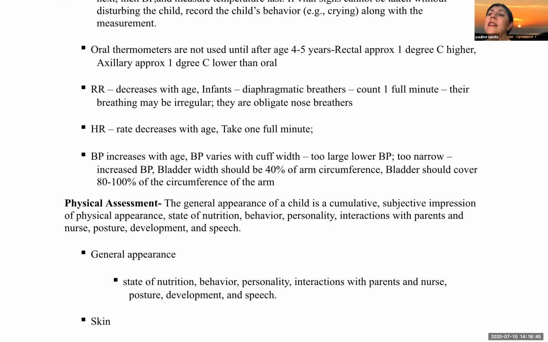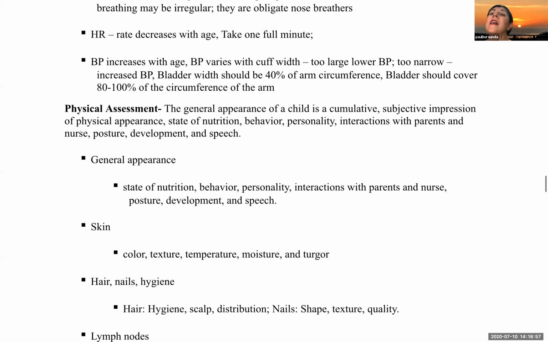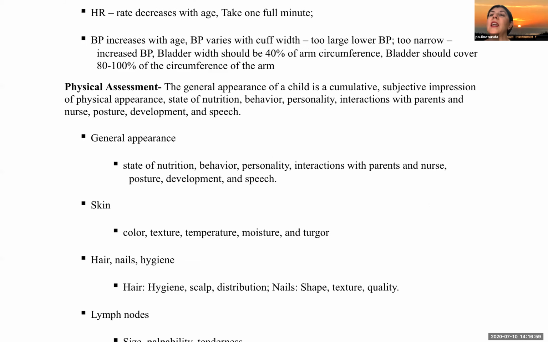The heart rate, this decreases as they get older, and we want to take this for 1 full minute. At the age of 2, it is then okay to take a peripheral radial pulse. The blood pressure increases with age. The BP varies with the cuff width. So if you use a blood pressure cuff that is too large, the blood pressure will be artificially low and incorrect.